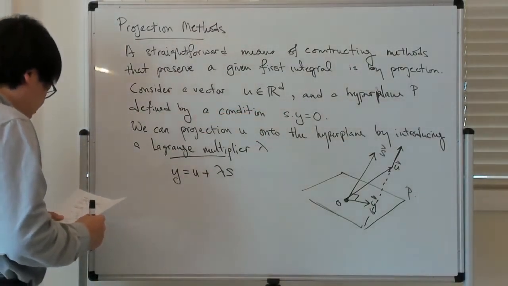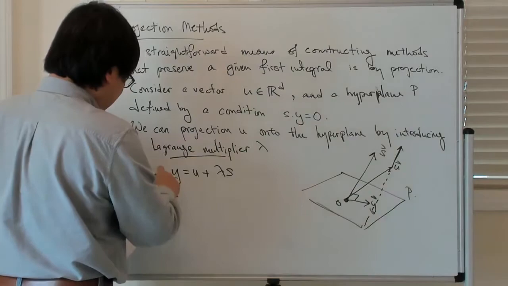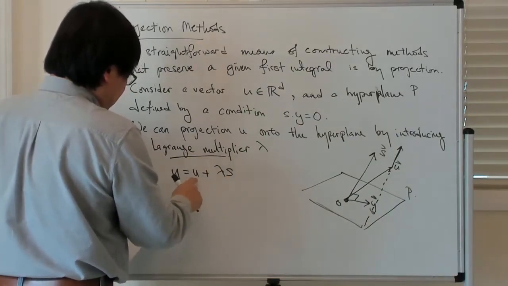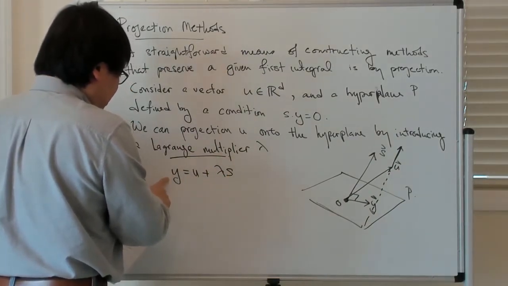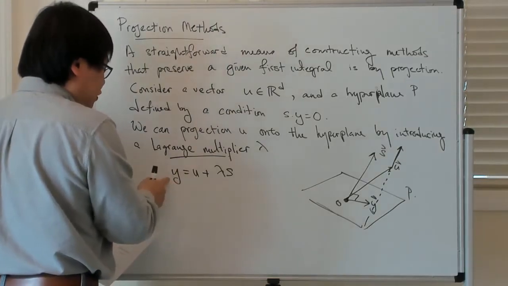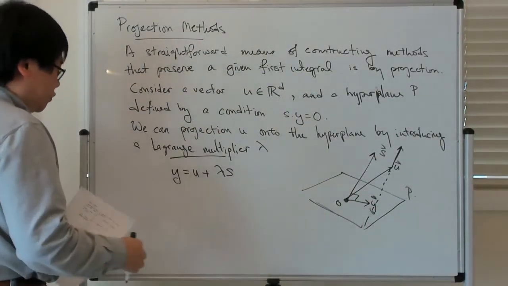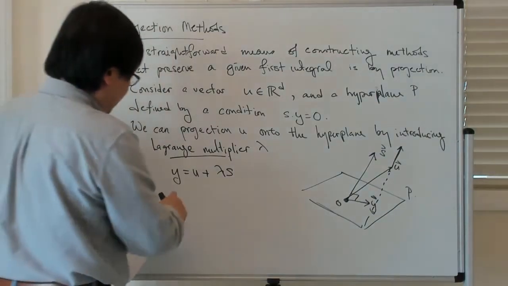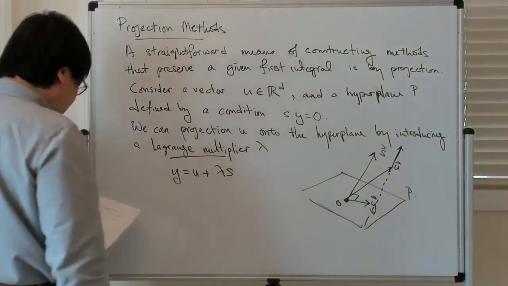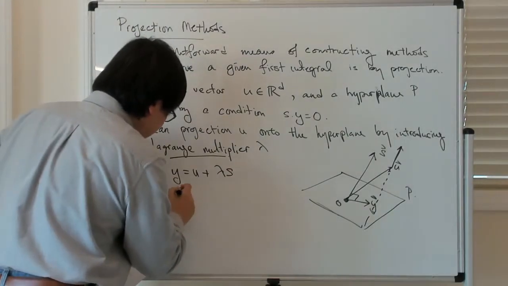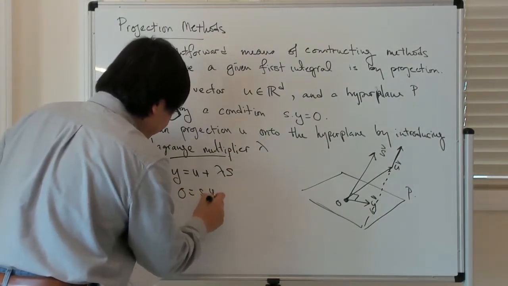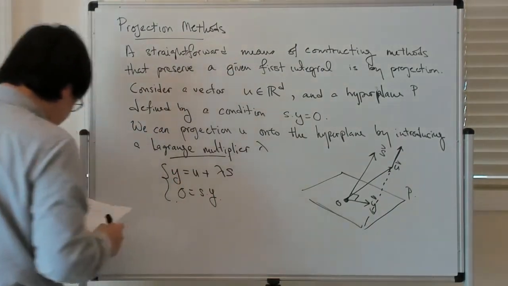Given a point u, you'd like to find a projection of this, which I denote by y, onto the hyperplane P. And of course you want to impose the condition that y is on the hyperplane, so you have 0 is equal to s dot y. So you have a system like this.